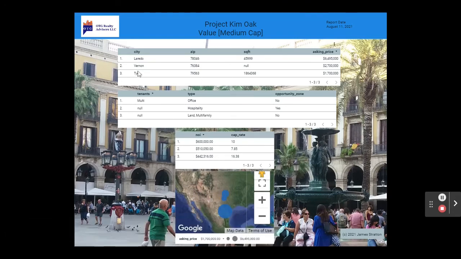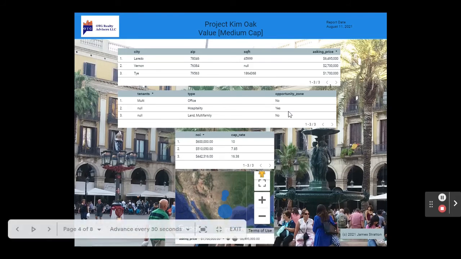Of course, we can look up here and see that they're in the cities of Laredo, Vernon, and Ty. Out of that, we can get our leading particulars, like how many square feet are in the building. This information is supplied by the brokers. We see their asking prices, what type of buildings they are, and whether or not they're in an opportunity zone. And then, of course, we can look at the next year's net operating income as reported by the broker, and the cap rates of the buildings.